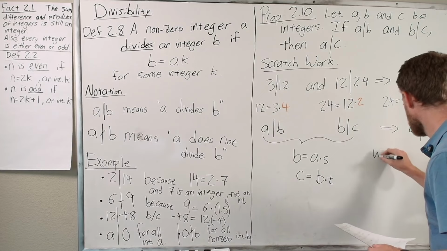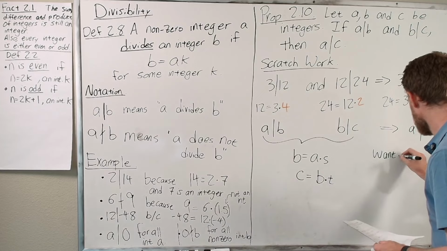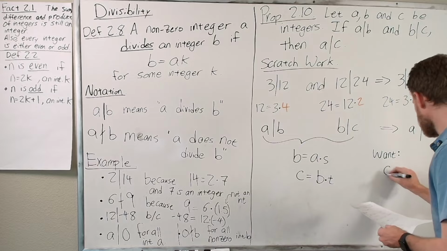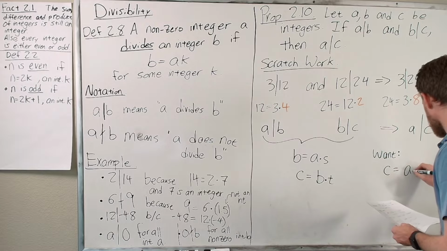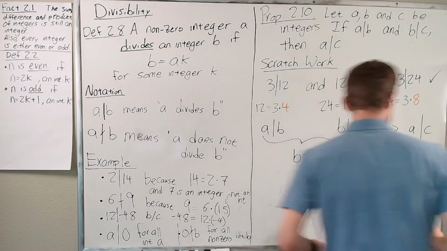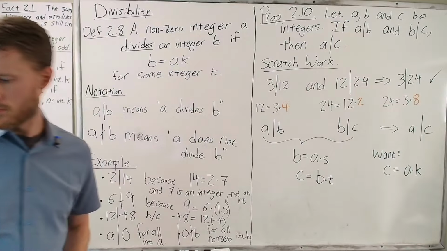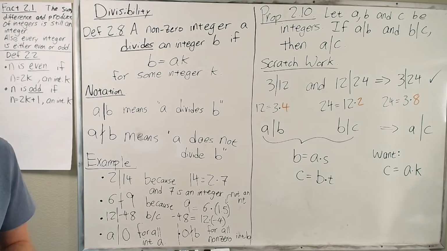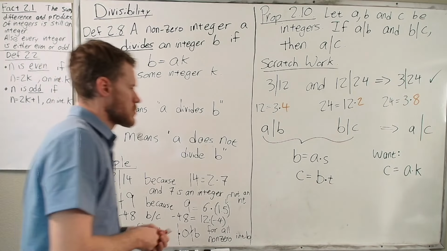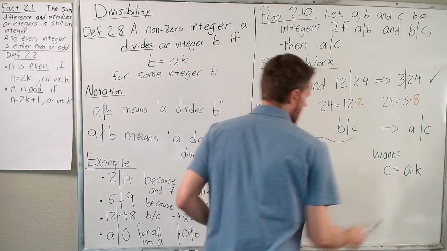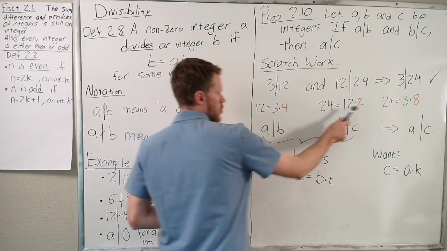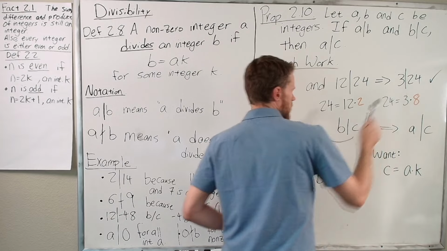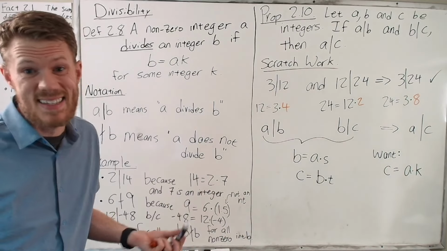What do we want? We want to have C equaling A times some integer K. So we're given the S and the T, we want to find the K. That means we're given the first two orange numbers, and we want to find the last orange number. We want to show it exists.